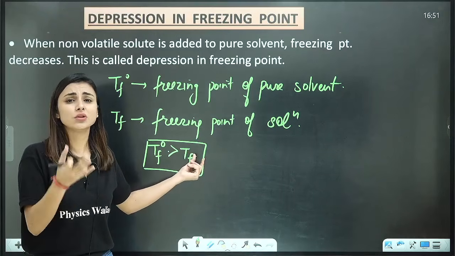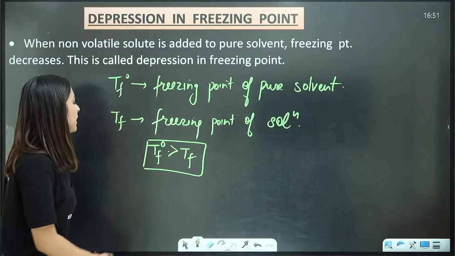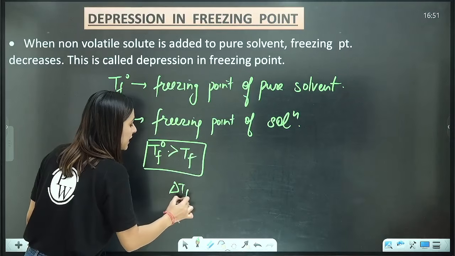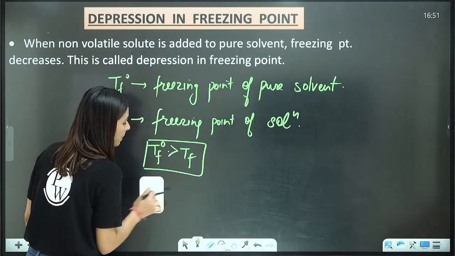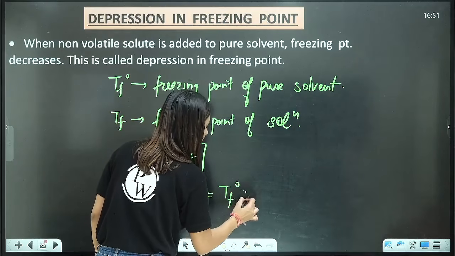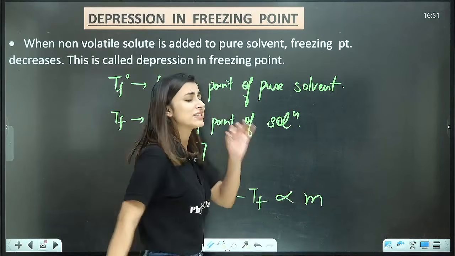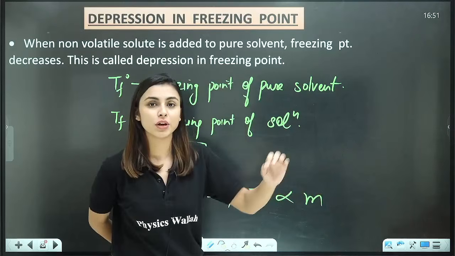Every time you add solute, your freezing point would decrease, right? So ΔTf would be equal to Tf° minus Tf, and this will be directly proportional to molality, exactly the same as elevation in boiling point.